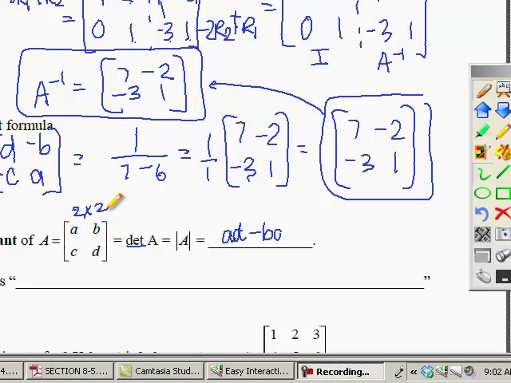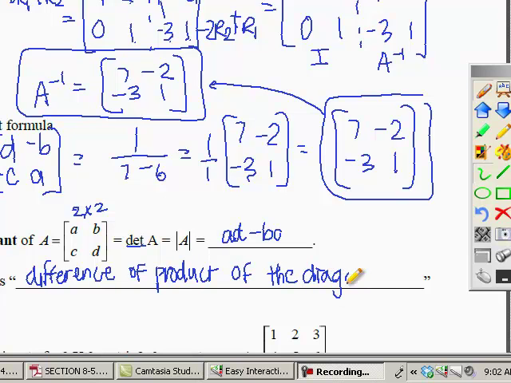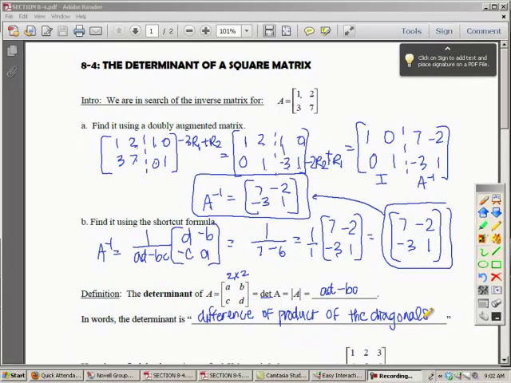In words, the way we say it is it's the difference, which means subtraction, of the product, which means you multiply, of the diagonals. Okay, so that means I subtract whatever I get when I multiply each diagonal. And that's this idea of AD minus BC. Okay, and so that's back again to 8.3. I just wanted to look at it one more time because I don't think we hit the shortcut very much in that.